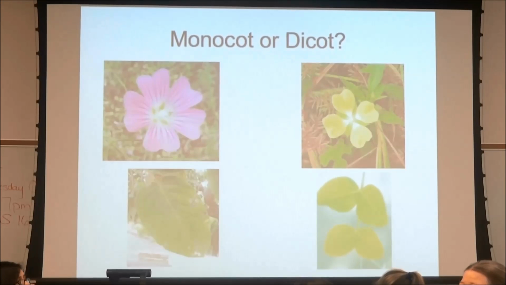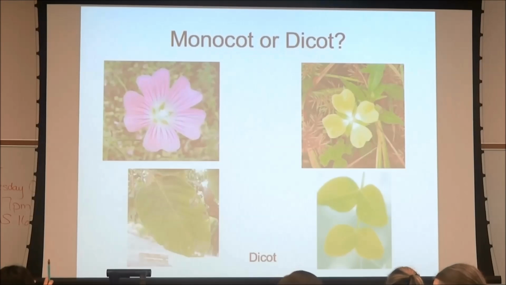Okay, no, you don't need to know the anatomy of the flower, but you need to be able, A, to say it's an angiosperm or a flowering plant, and then now what we're doing, monocot or dicot. All right, so what one's this? It's a dicot. How did you know that? 4 or 5 petals.